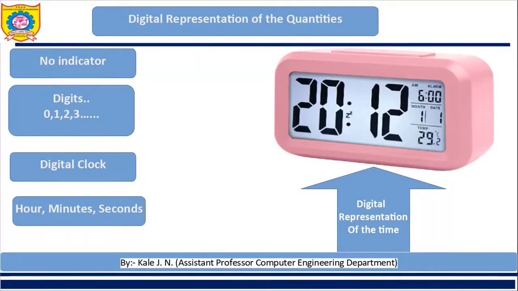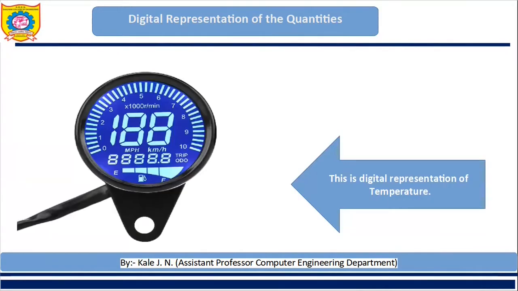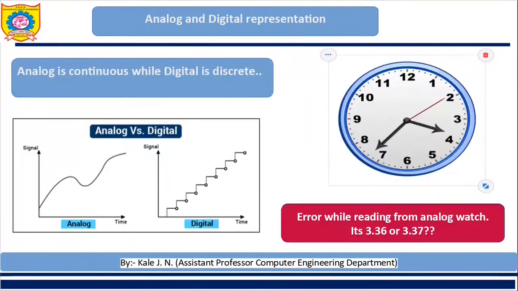Another example is a digital speedometer, in which the speed of the car is shown by digits and not by dial or needle. The major difference between analog and digital quantity is that analog quantities are continuous values. Just now I told you that in case of analog quantity, we can have an infinite number of values.